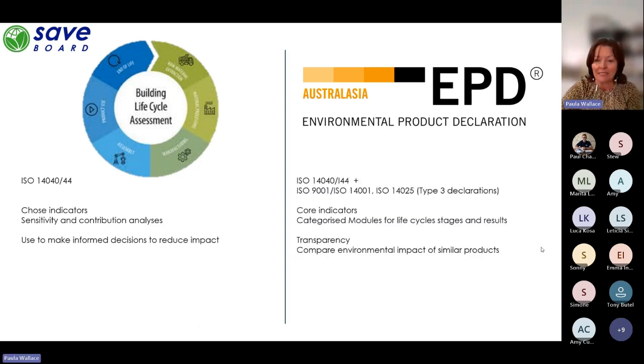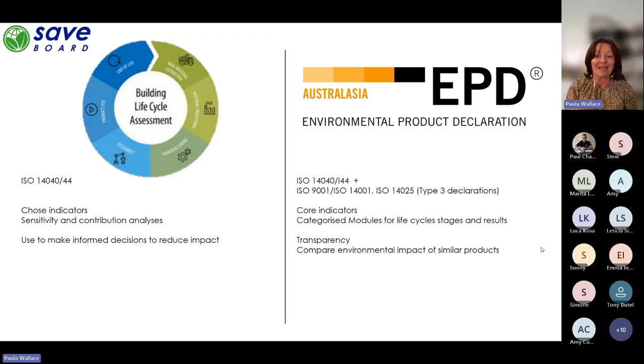So by comparison, an EPD includes an analysis of the life cycle of a product, but it is compiled according to a more comprehensive and strict set of standards. The methodology is stipulated, and there are a core set of indicators that must be included.